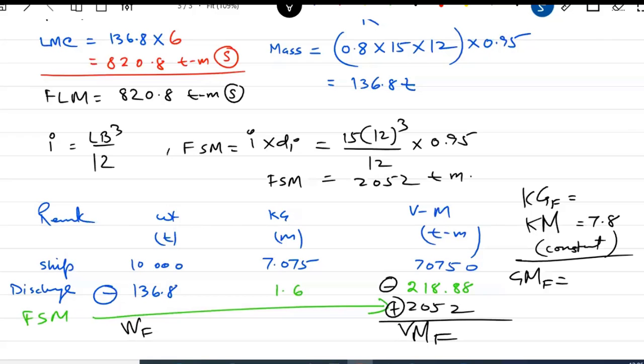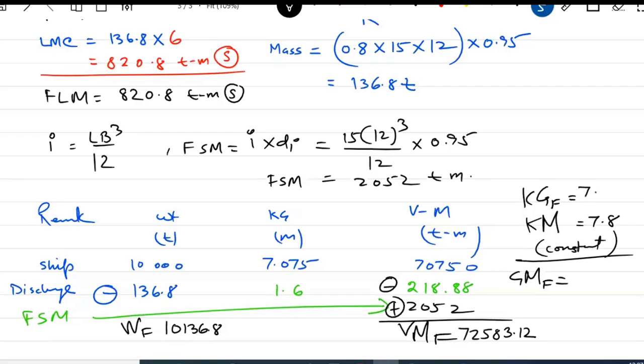Final weight is how much? 10136.8. Vertical moment 72583.12. Okay, makes sense. kg final is 7.16.